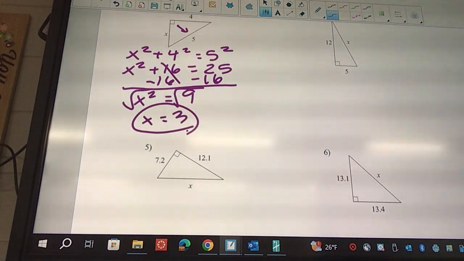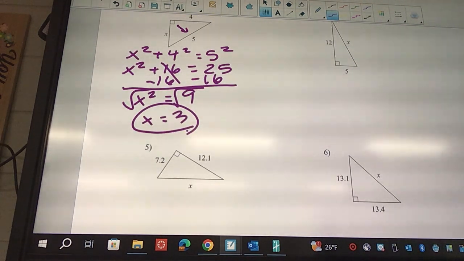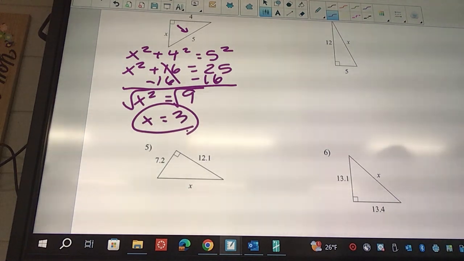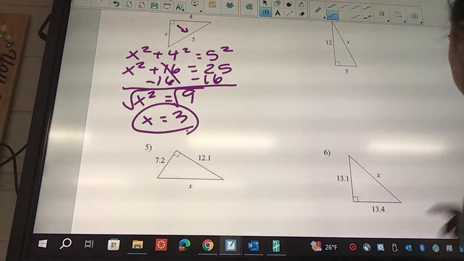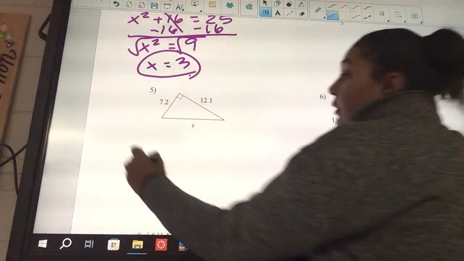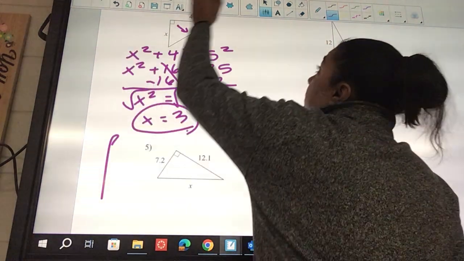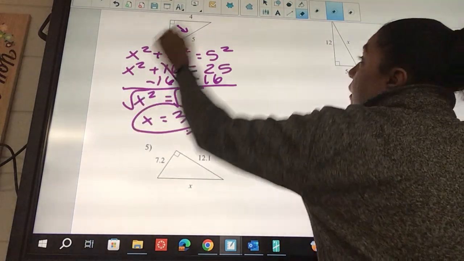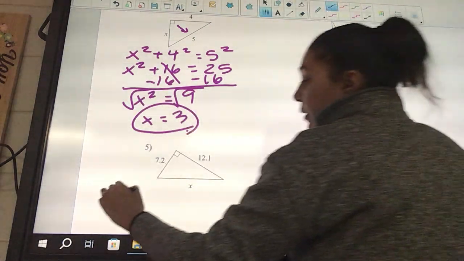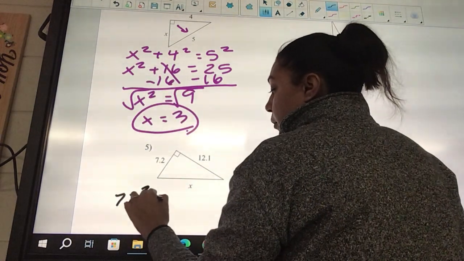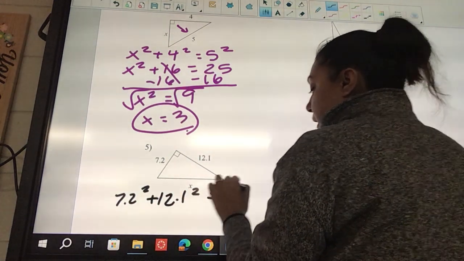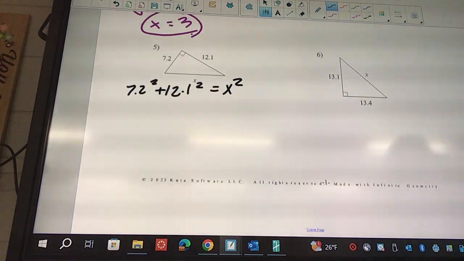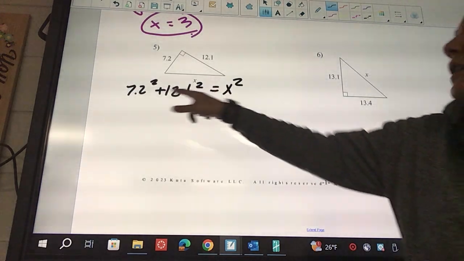Okay, look at number 5. What is my C? Which one's my C? X. Okay, so C is going to be the x. So we're going to say 7.2 squared plus 12.1 squared equals x squared. In this case, you guys can type the whole thing on your calculator.